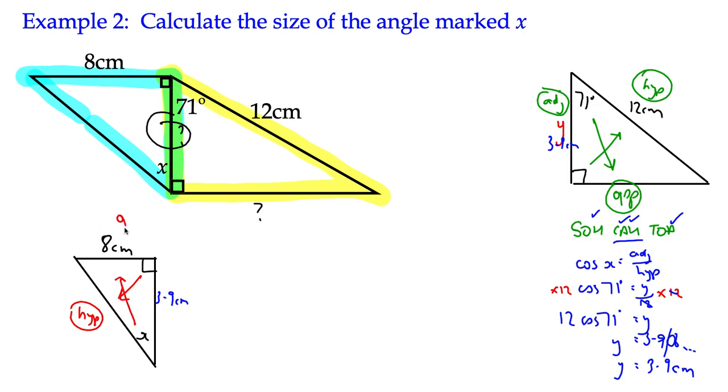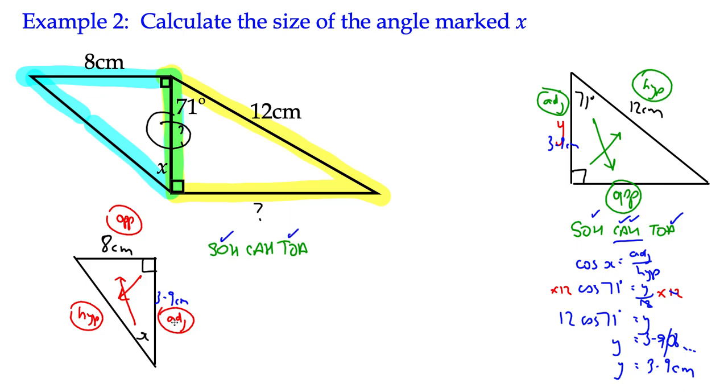Hypotenuse, opposite, and adjacent. I'm going to write down SOHCAHTOA. I'm going to tick the sides. So what have I got? I've got 8 on the opposite, O for opposite.